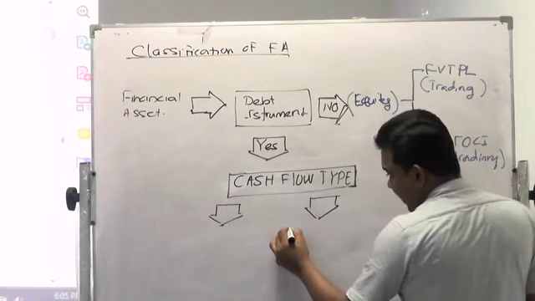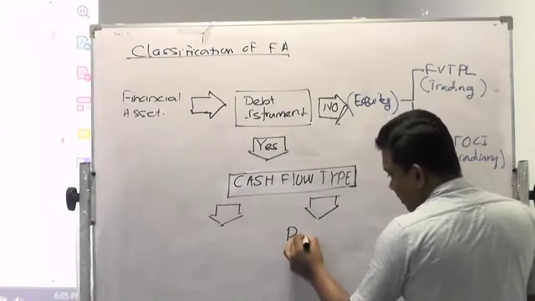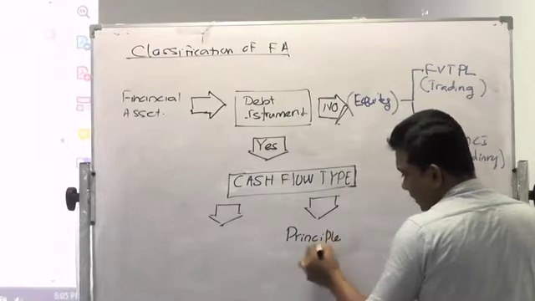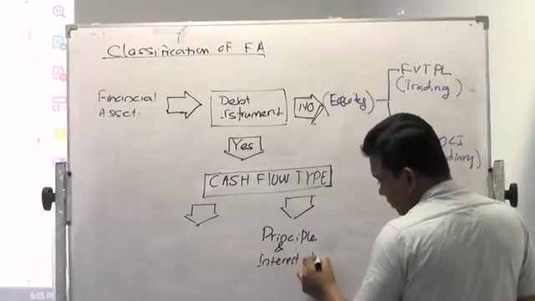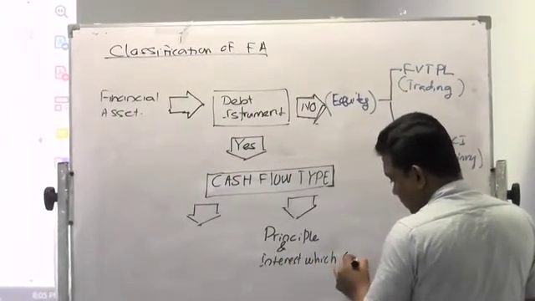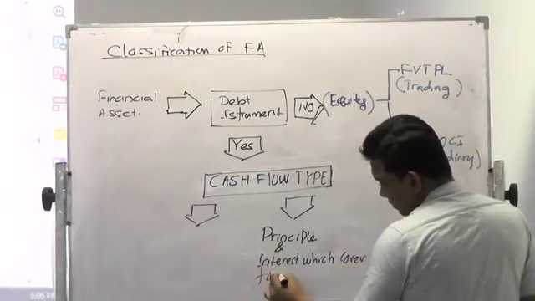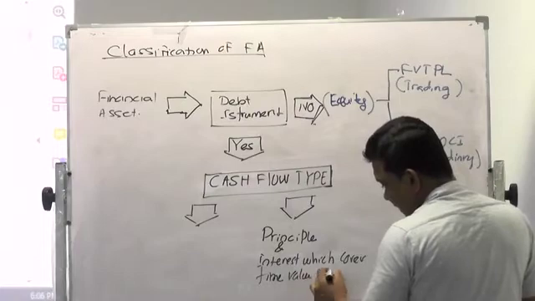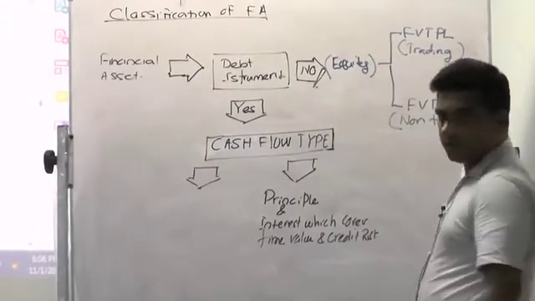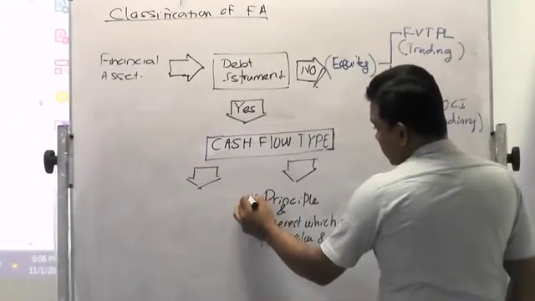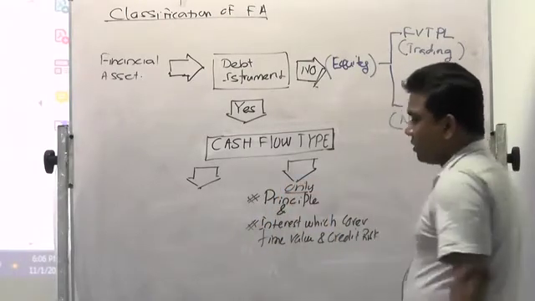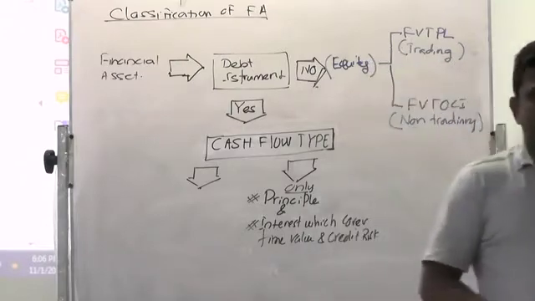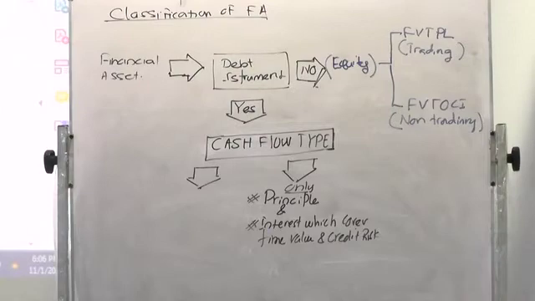One, you will expect the principal amount invested and interest which cover time value and credit risk. Clear? As the cash flow, you will expect only principal and interest which cover time value of money and the credit risk.